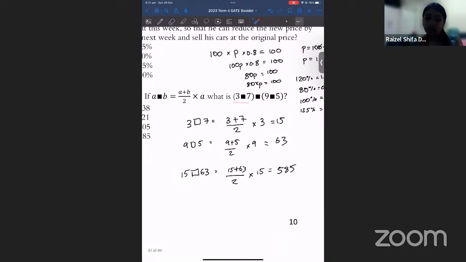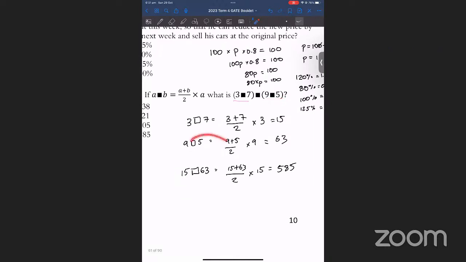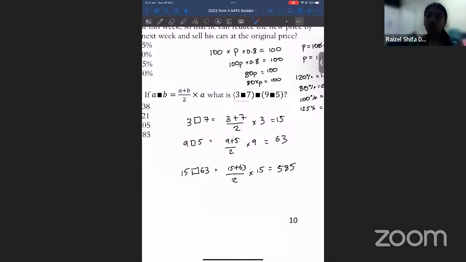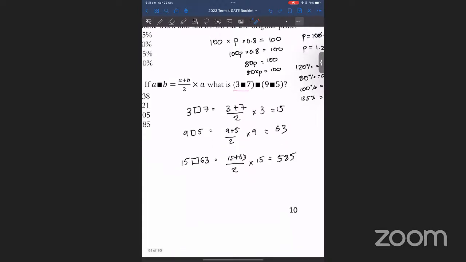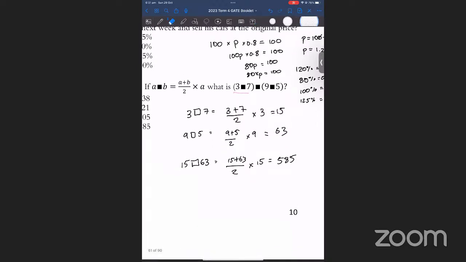And then 9 box 5. 9 plus 5 is 14, divided by 2 is 7, multiplied by 9 is 63. And then we're left with 15 box 63, which is 15 plus 63 divided by 2 multiplied by 15, which is 585.